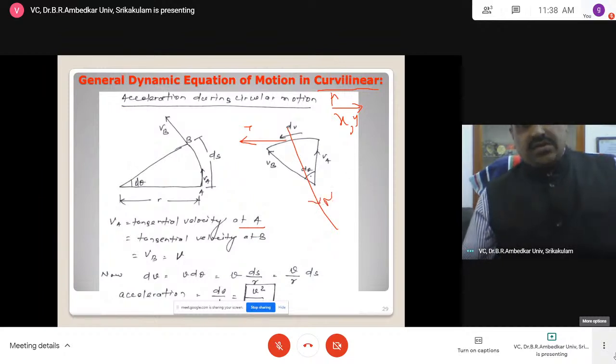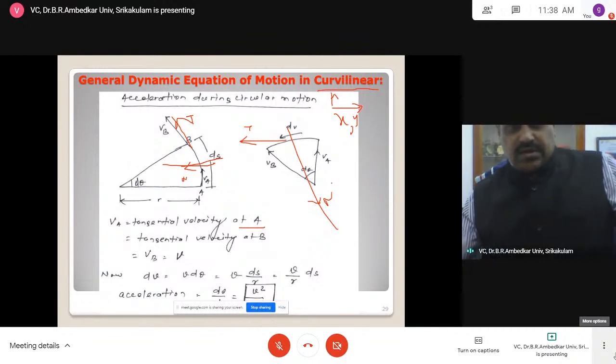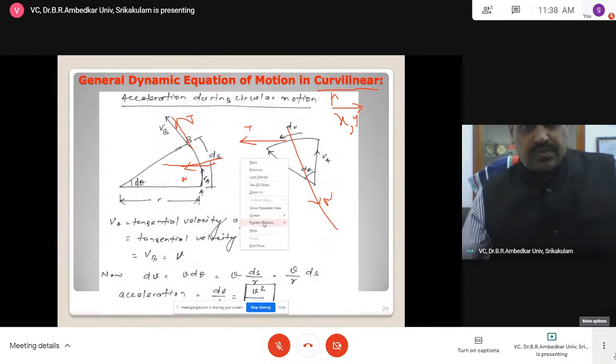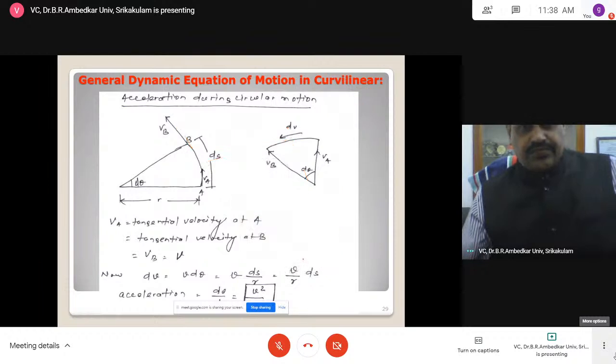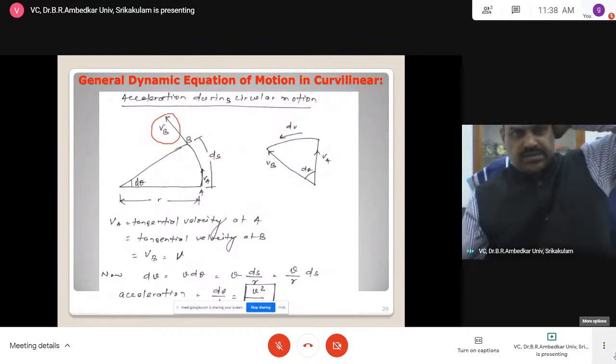You can consider any direction. See here the tangential velocity of A and the tangential velocity of B. If you consider VB is equal to V, this is the velocity. dV is equal to V d theta, there is no normal velocity.